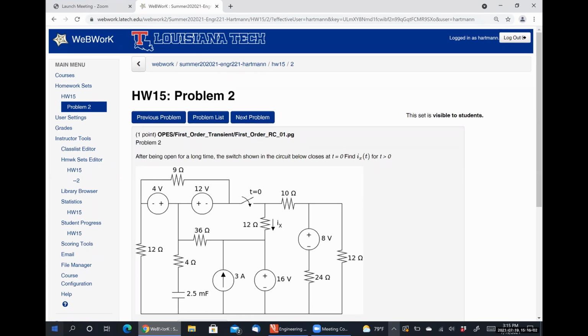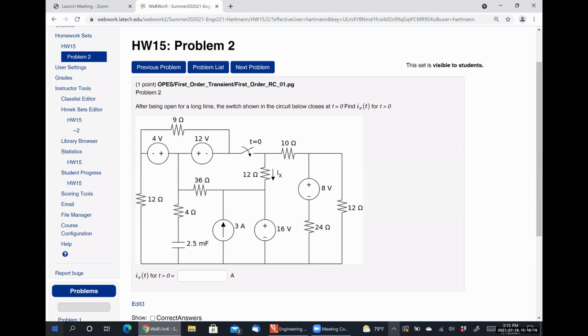So this is what I was talking about. Homework 15 is the exact same thing that we've been doing. They are just really ugly looking circuits in general, but we can absolutely work this guy. Give me a minute to draw this monster.